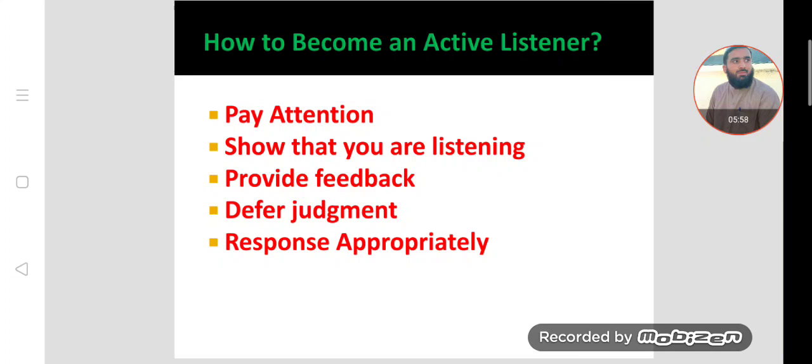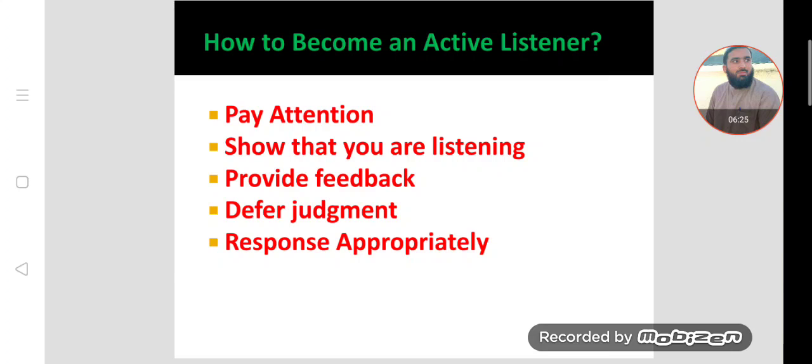Showing that you are listening is also very helpful for the speakers. When we are listening to them, we are giving them feedback and response, and they know that somebody is listening to them, or somebody is taking part in that very activity.